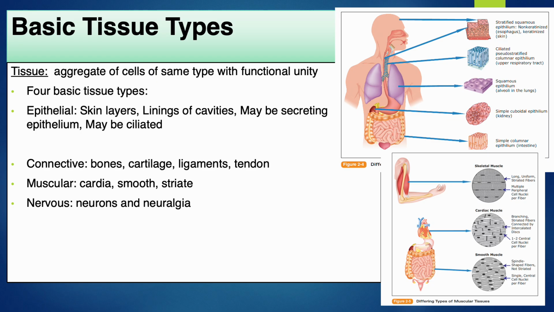And then we have the 3 types of muscle. Cardiac muscle, which is in the middle on the picture on the bottom, is the muscle specific to the heart. We have smooth muscle, which is largely in the intestines, and that is involuntary movement. You don't have to think about digesting your food, thank God, because we've already got enough to think about in our day, especially in grad school and preparing for the praxis.